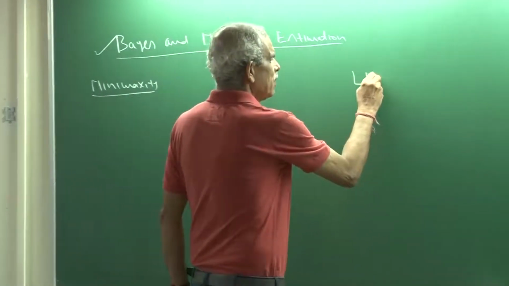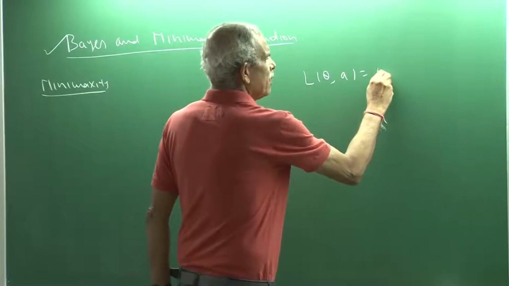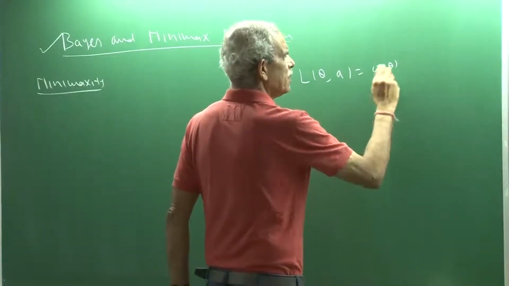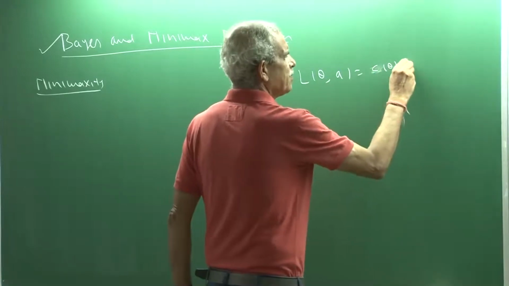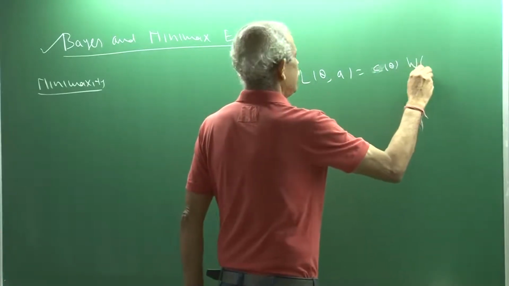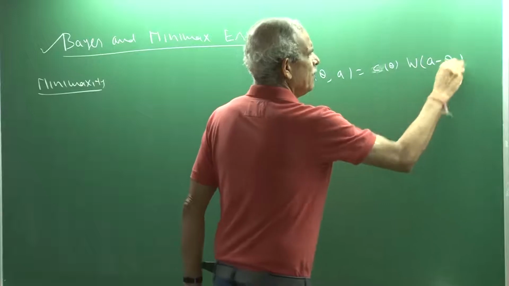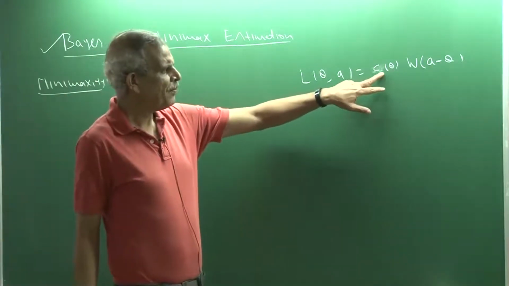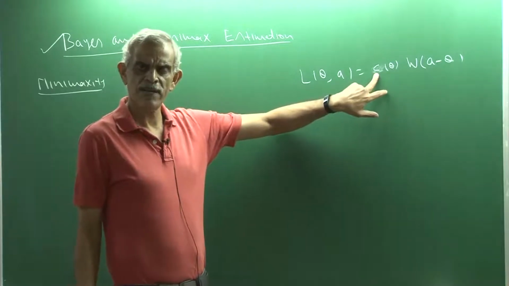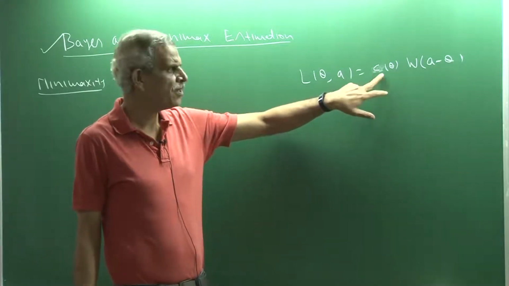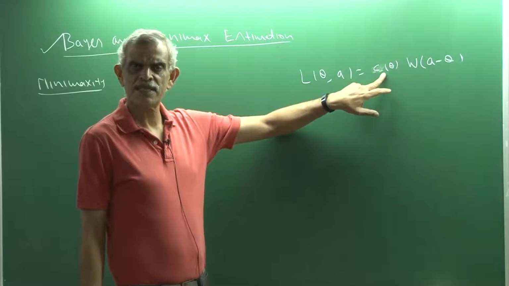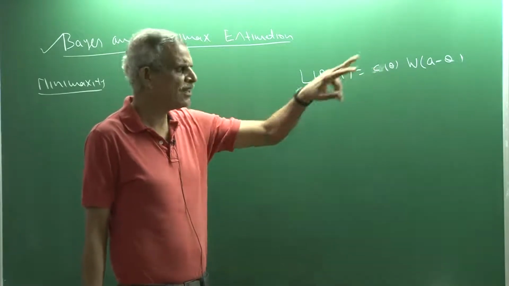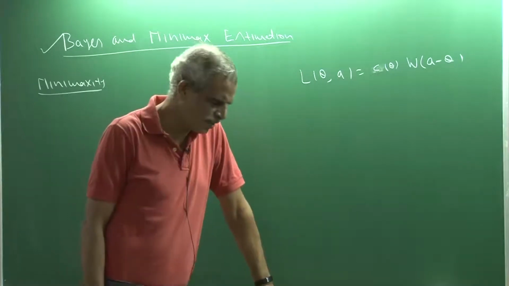So for example, if I have a loss function of this type, c theta times w of a minus theta in the location case. When I am comparing the risk in the usual manner, that means in the frequentist approach, this constant doesn't make any difference because I compare the risk for every fixed value of theta, and normally this c theta is non-negative.